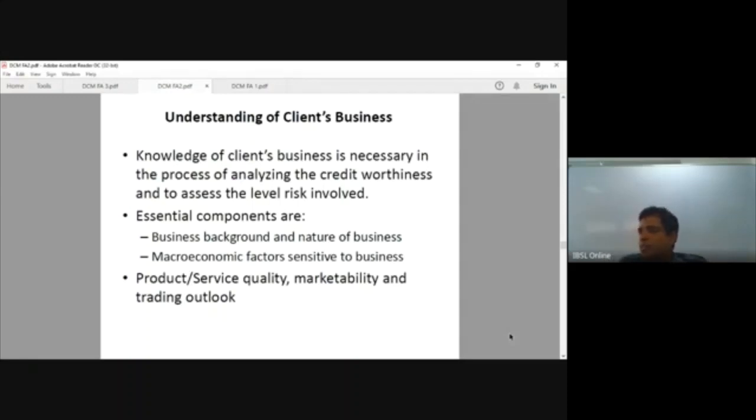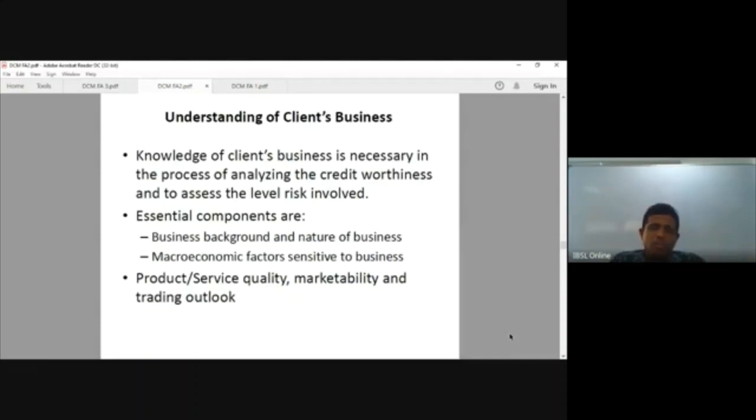Say, for example, now you are going to provide the loan facility to a coconut estate, right? A business person having a coconut estate is asking for a loan.